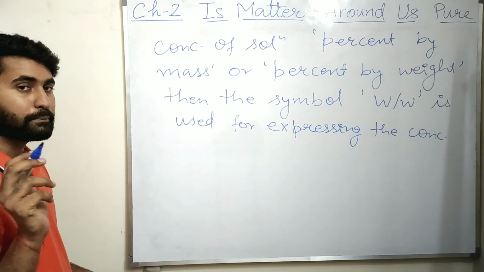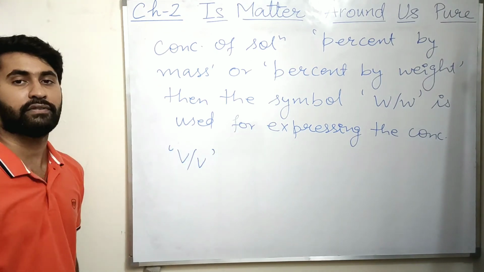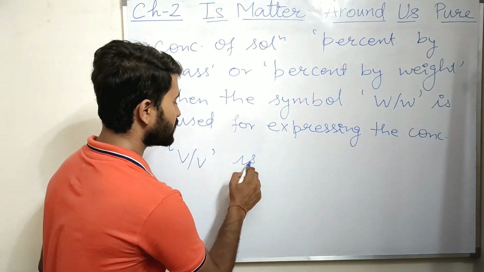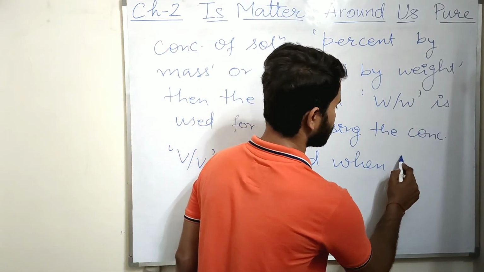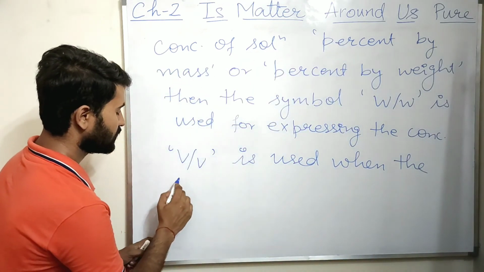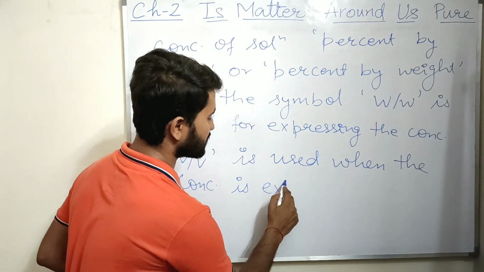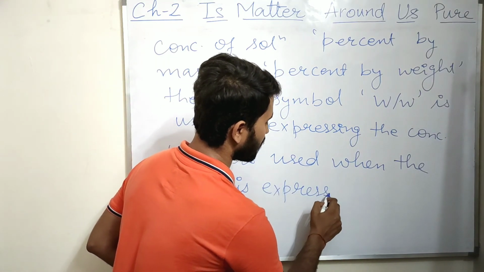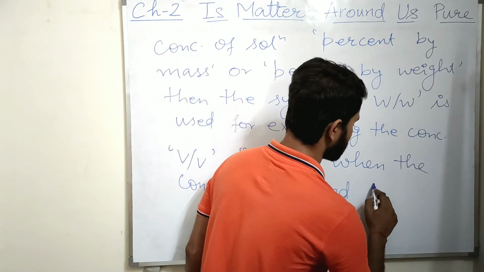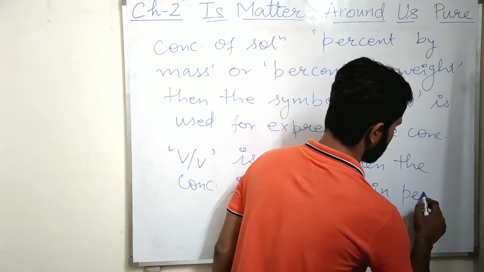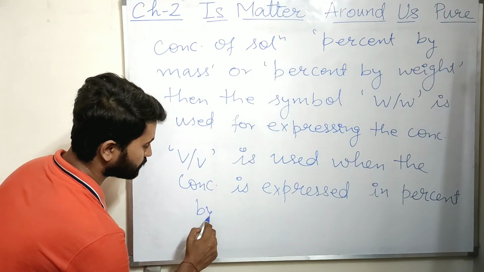And the symbol V by V is used when the concentration is expressed in percent by volume.